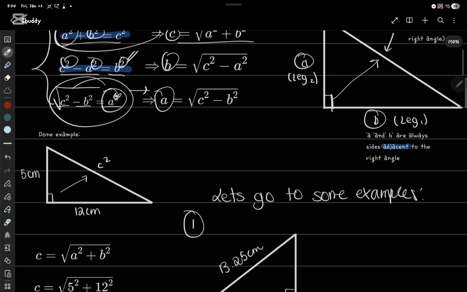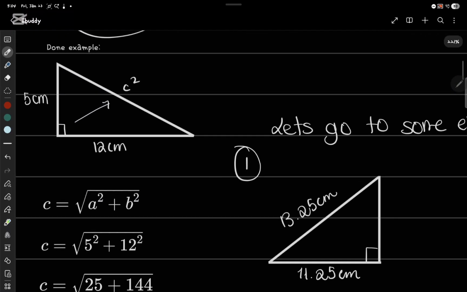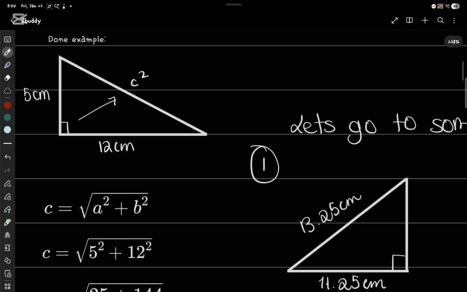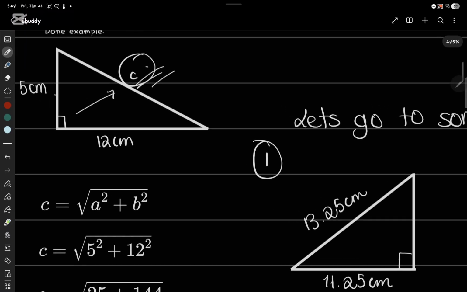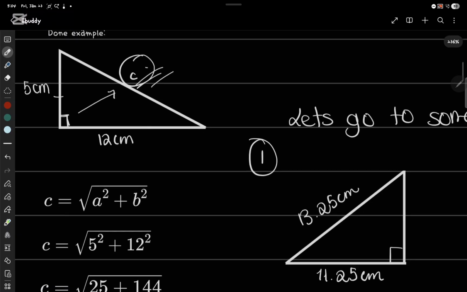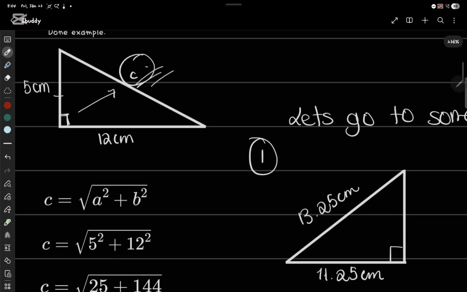Okay, so let's look at an example. We have this triangle, and you want to find C. So this side is going to be C. And we know that we have A and B here, 12 and 5, because they're adjacent to the right angle, as marked there. So we can just apply the Pythagorean theorem.